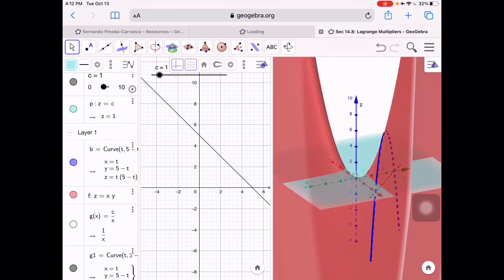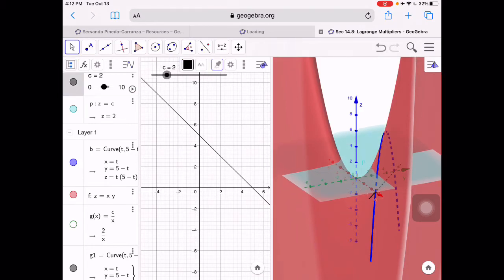And I'm going to move this around. Right now, just imagine this variable c is equaling different areas. So I'm letting the output of my function equal different constants to get the level curves of that function. So right now c is those constants I'm letting A equal, okay?